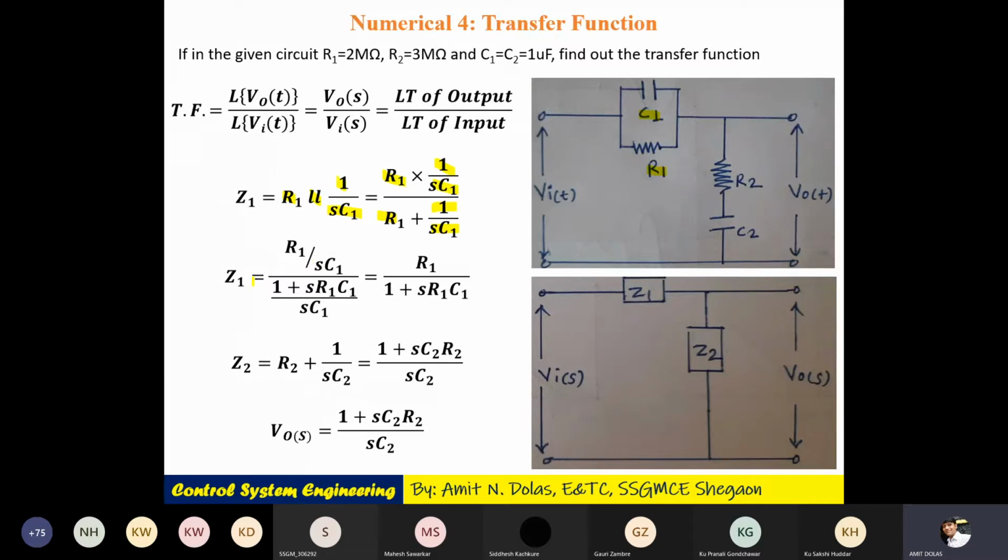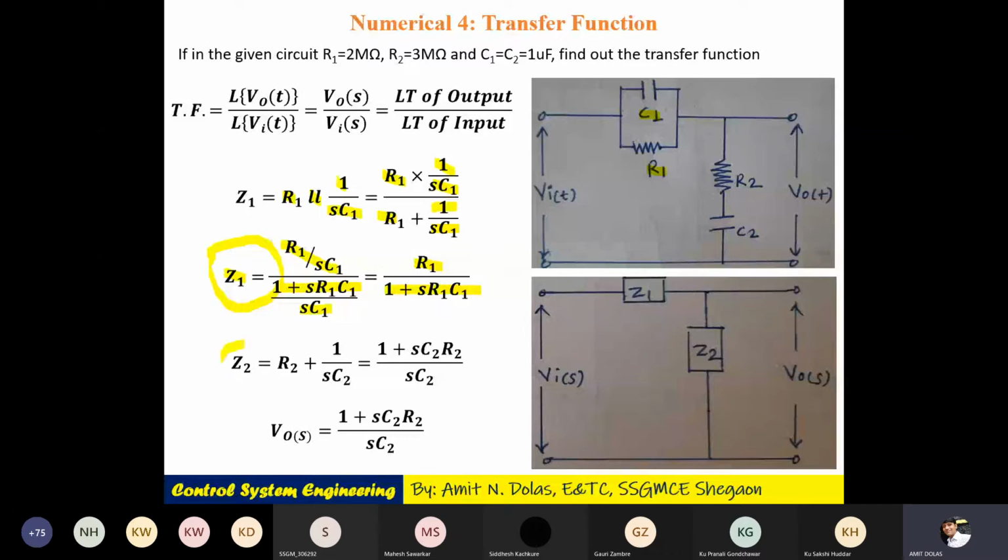Computing further, it will be R1 by SC1 divided by 1 plus SR1C1 divided by SC1. Finally, SC1 gets cancelled, and we get R1 divided by 1 plus SR1C1. So this is the value of Z1.